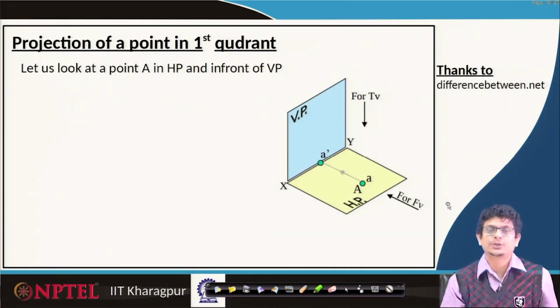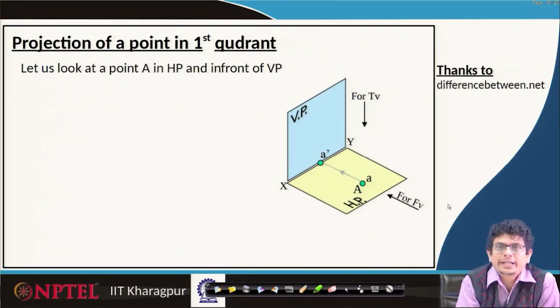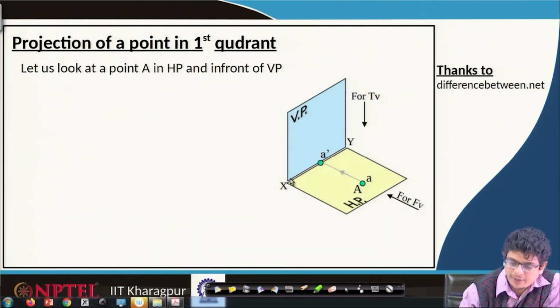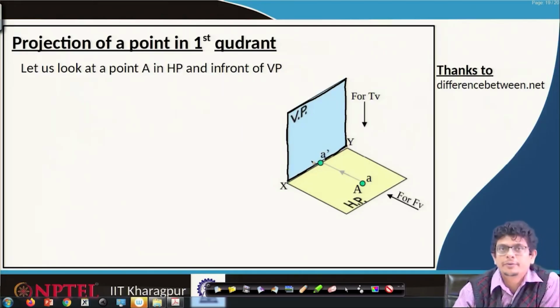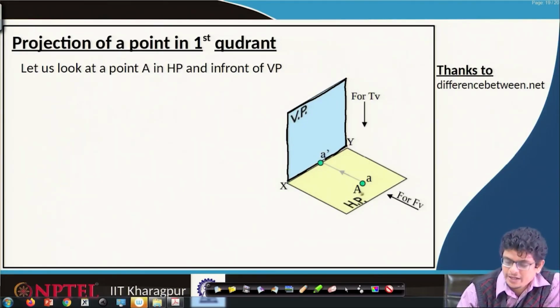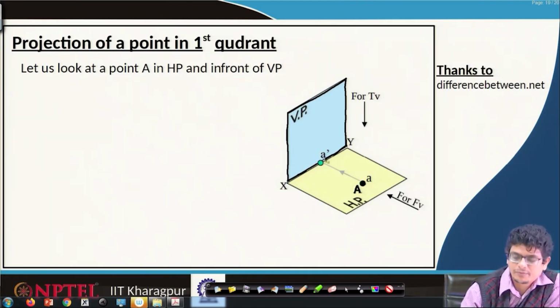Let us ask the next question. If point A is on the horizontal plane and it is in front of the vertical plane. So, this is the vertical plane we are referring to. And the point A is on the horizontal plane in front of the vertical plane.